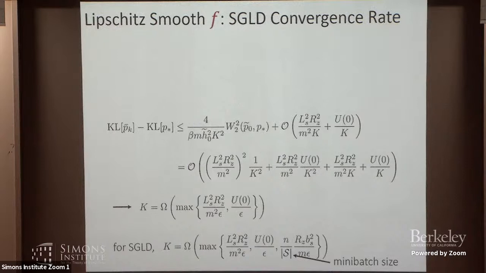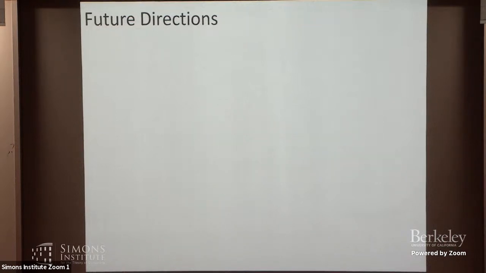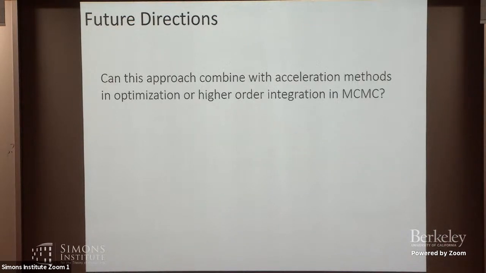Okay, so this is the result for the stochastic gradient version of it. For future directions, of course, one question is whether there is a larger class of problems which has dimension independence. And also, can this approach be combined with accelerated methods in optimization or higher-order integration methods in MCMC?